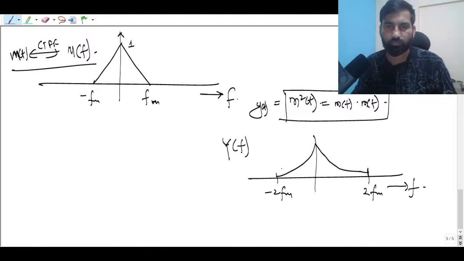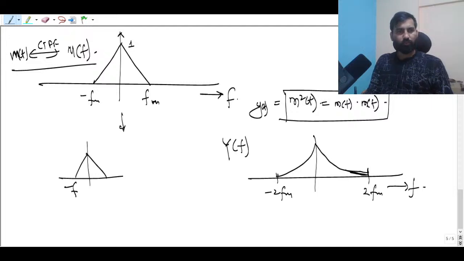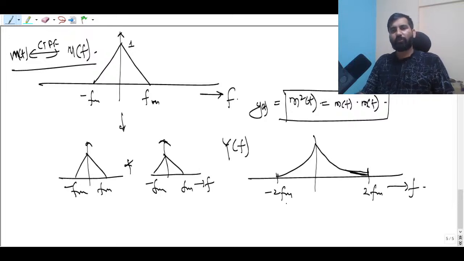This is the convolution of minus FM to FM with minus FM to FM, so the convolution is going to look like this.